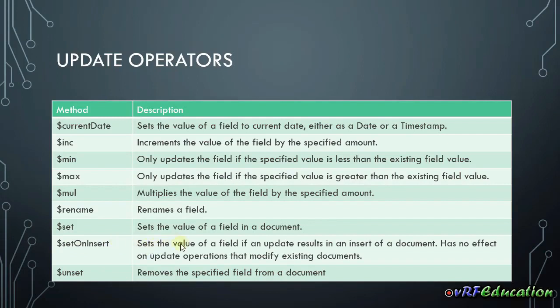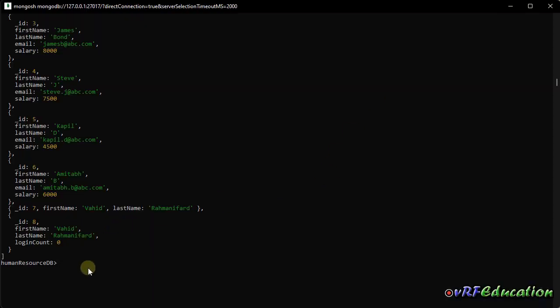As it says, it sets the value of a field if an update results in an insert of a document. It has no effect on update operations that modify an existing document. So if we already have an existing object inside the collection that matches the criteria, this part doesn't apply. MongoDB is going to bypass this part.